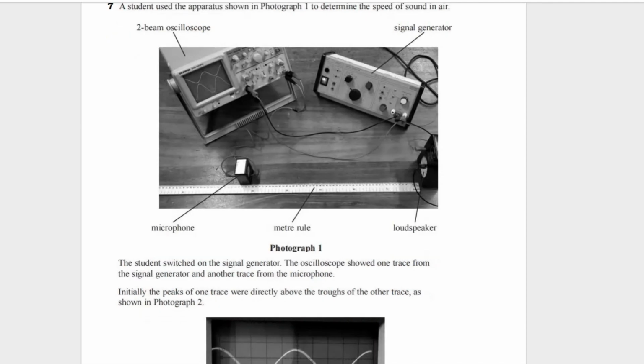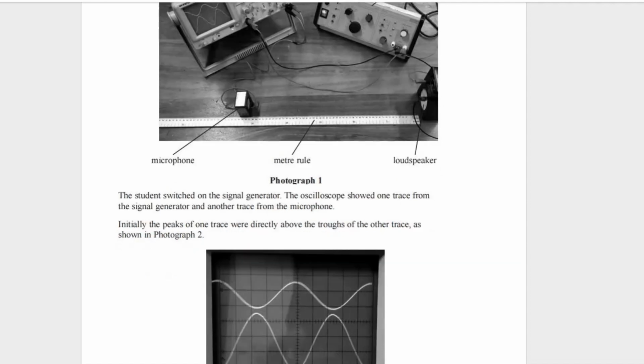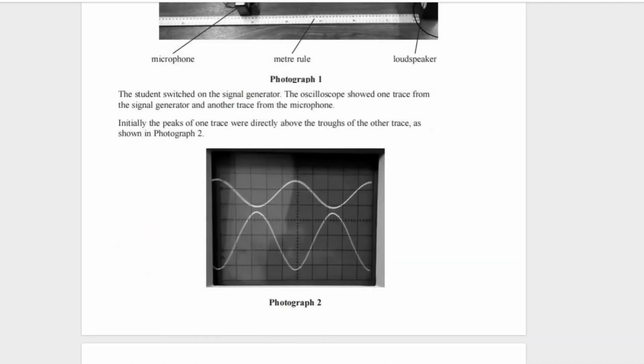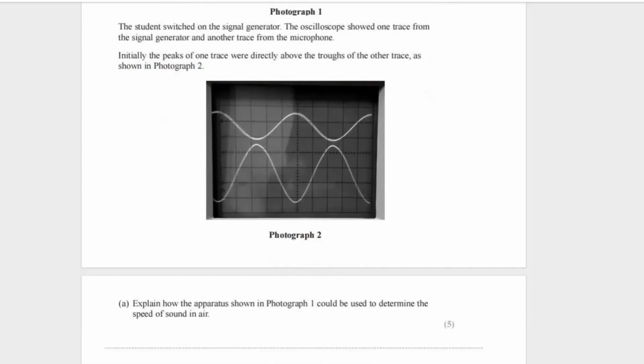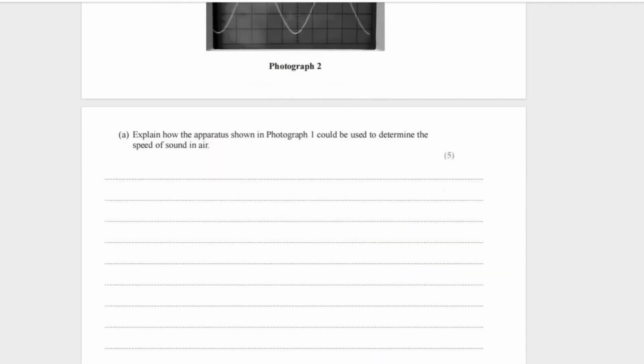Initially the peaks of one trace were directly above the troughs of the other trace, as shown in photograph 2. So the crest and the trough are coinciding. This is the wave that you are receiving on the oscilloscope. Explain how the apparatus shown in this photograph could be used to determine the speed of sound in air.